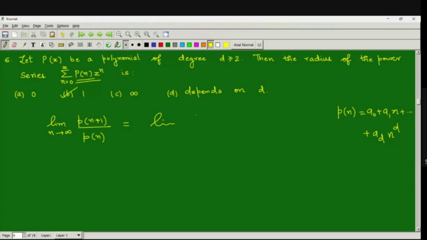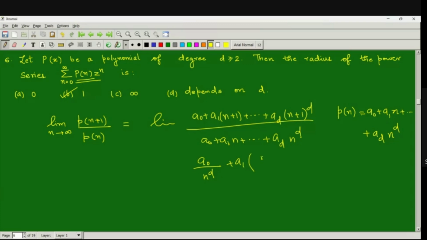So the numerator is a0 plus a1 into n plus 1, plus etc., plus a_d into n plus 1 power d, and the denominator is a0 plus a1 n plus etc., plus a_d n power d. The biggest power is n power d, so divide by n power d.